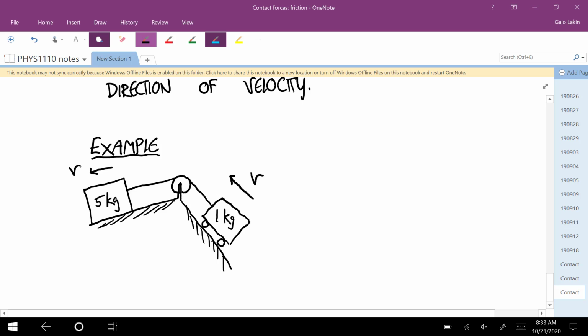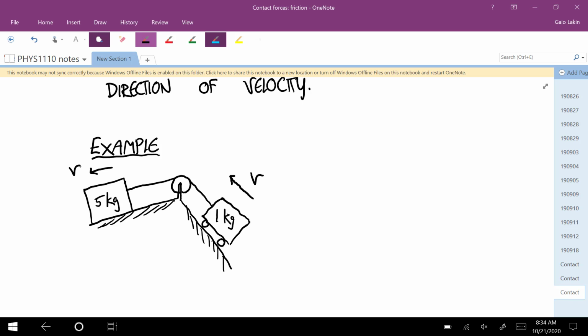You might ask how that's possible. Gravity would pull it the other way, if anything. But the velocity doesn't depend on the forces that are being applied here. You could imagine that right before this instant, this system was being pulled to the left.